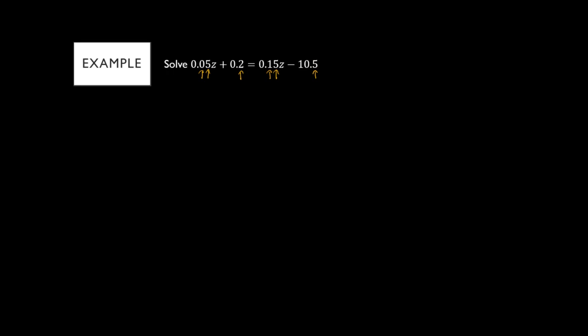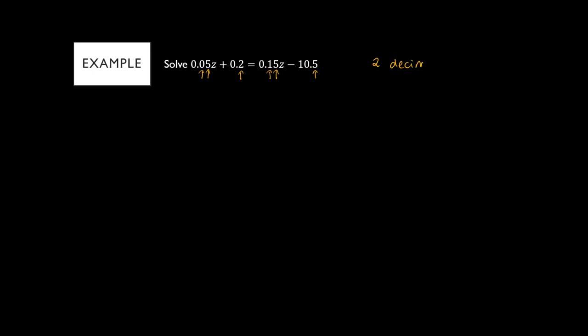So we want to get rid of the most number of decimal places, so 2 decimal places. So we're going to multiply by 100. It doesn't matter that we could only multiply by 10 for the ones with 1 decimal place. You want to choose the biggest number. So we are going to be multiplying by 100.